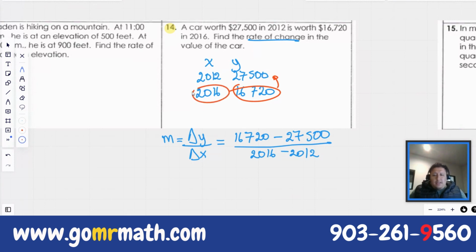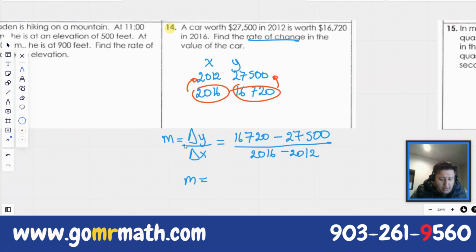Something else to think in here: are we expecting this rate of change to be positive or negative? Hmm? What do you think? The rate of change will be negative because the value of the car is decreasing. So when the time is passing, something is getting subtracted from the value of the car.